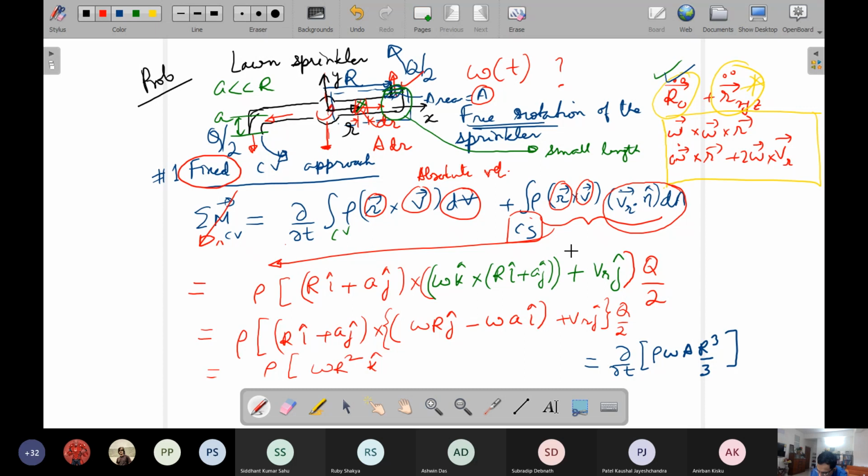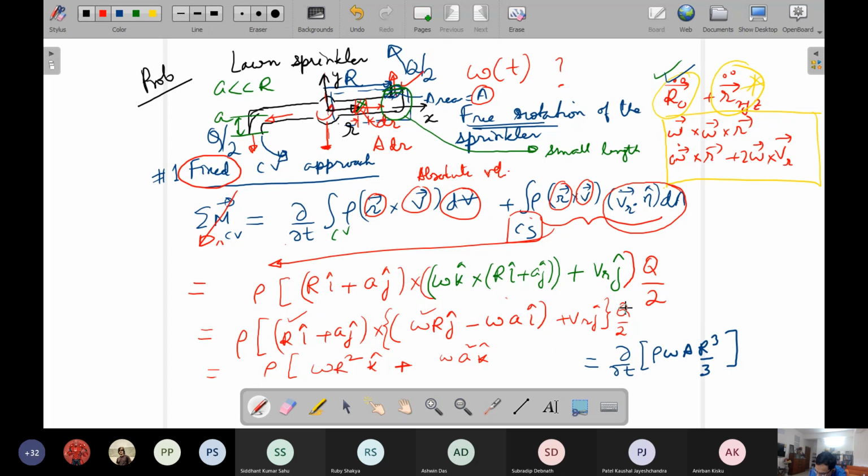So this is basically r cross V. And the remaining terms, so we have taken this with this, then i cross i will not be there, j cross j will not be there, and this will be minus omega, so j cross i, so plus it will be omega a square. j cross i, this term also becomes k.